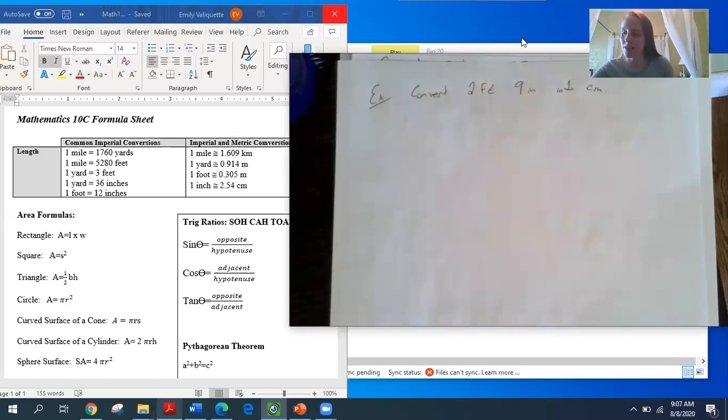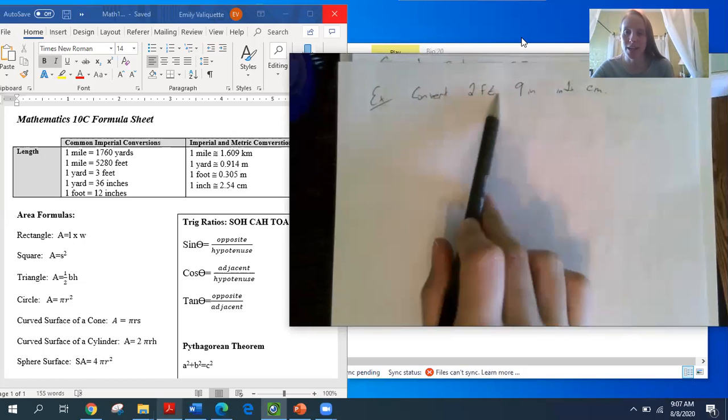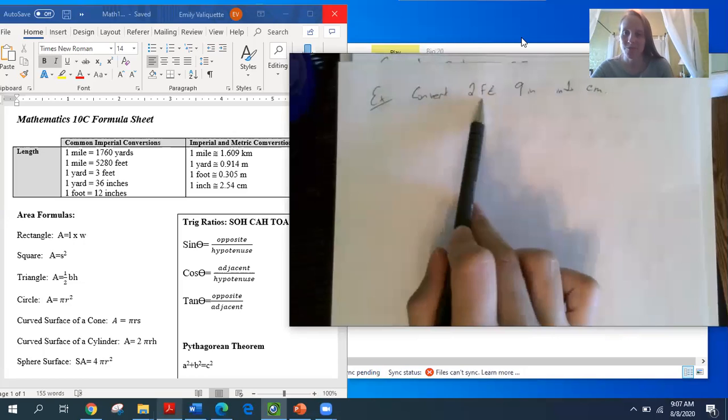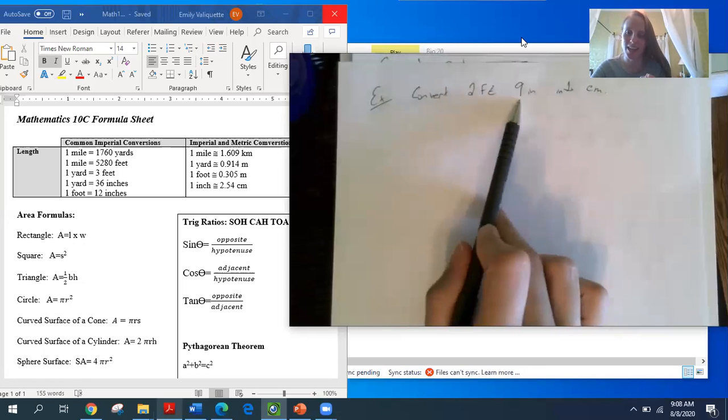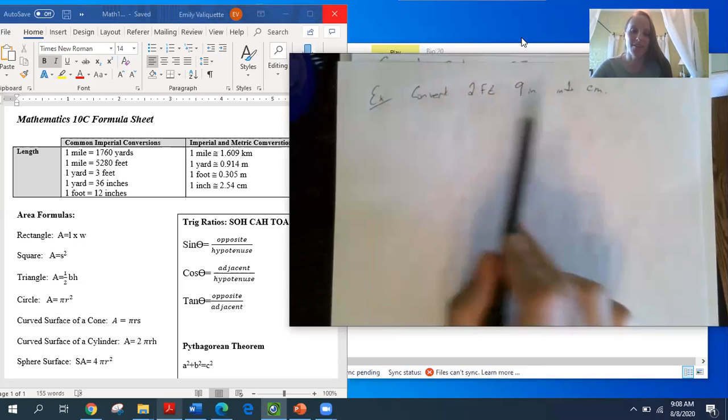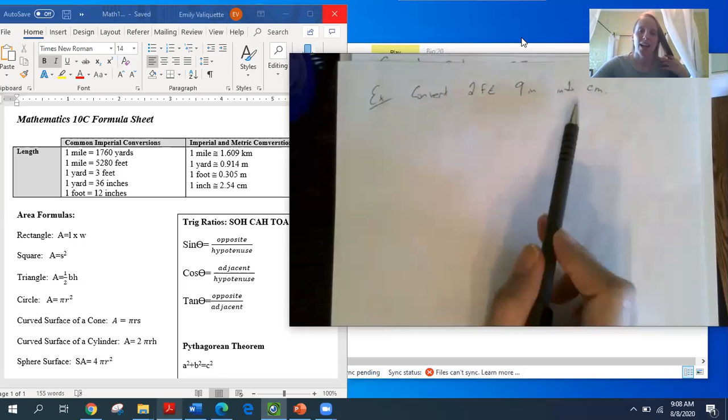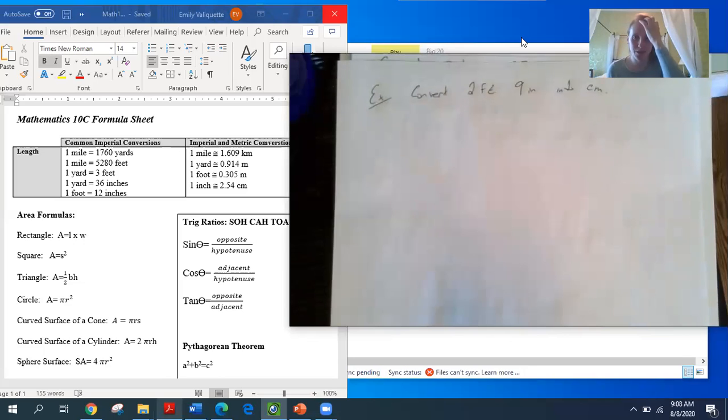Alternatively, I could convert my 2 feet into inches, add the total amount of inches together, and then convert all of that into centimeters. So I'll go through those two different methods. And again, for this, you can use either proportions or unit analysis, whichever you would rather.